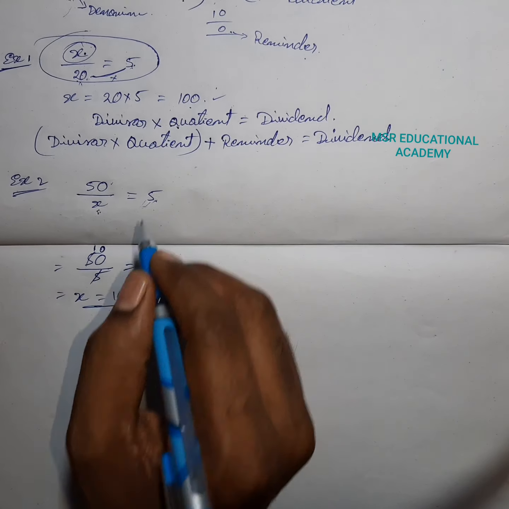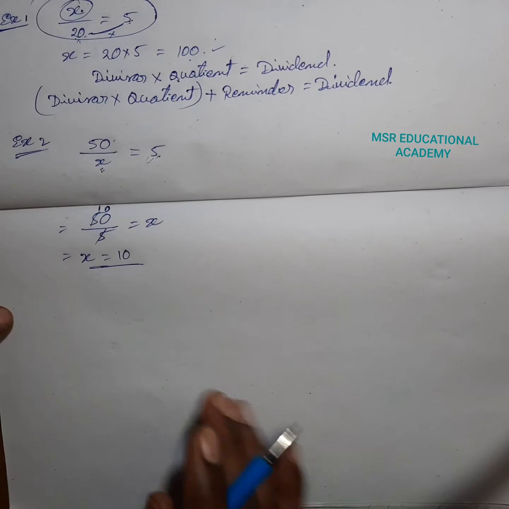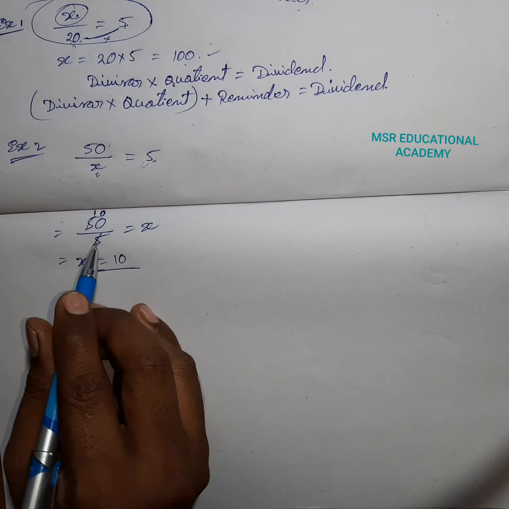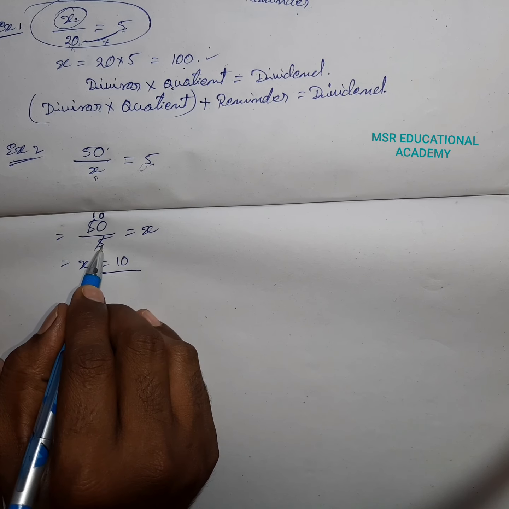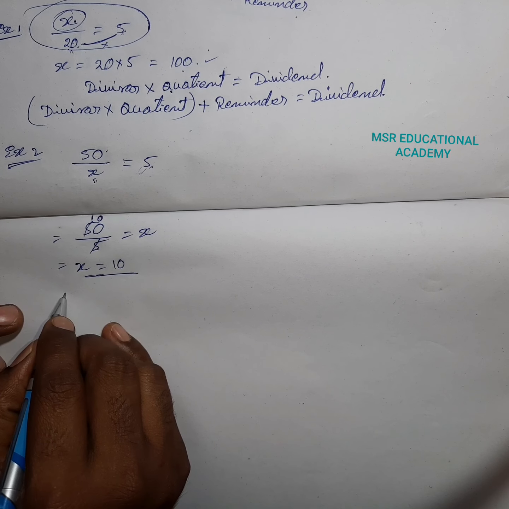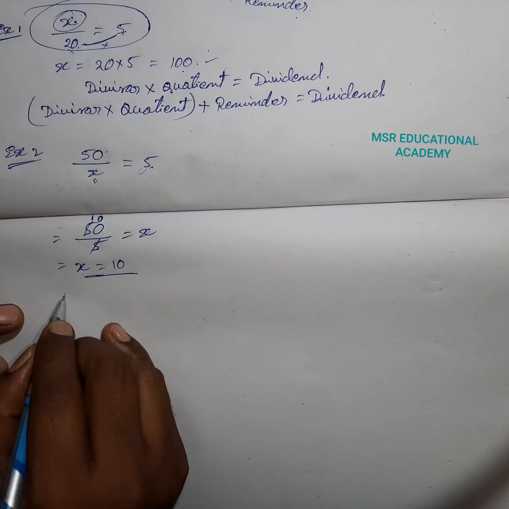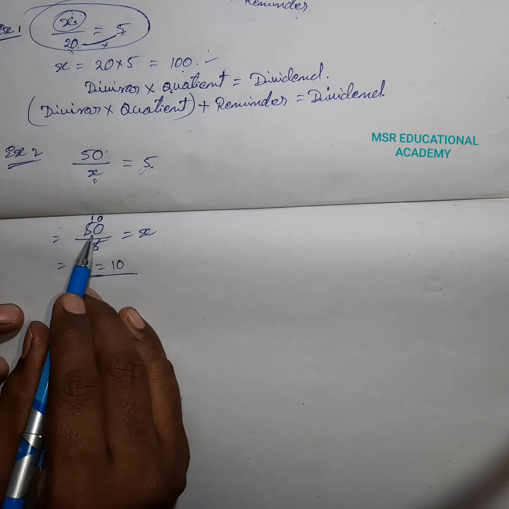So here I can write it like this: divisor equal to dividend divided by quotient.